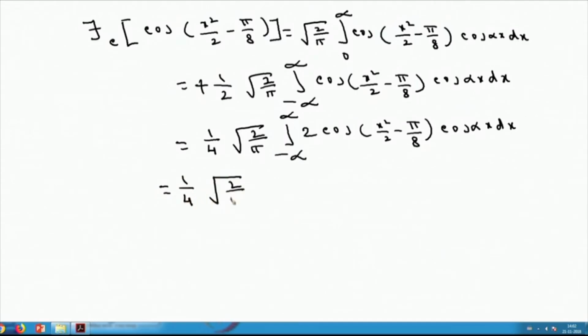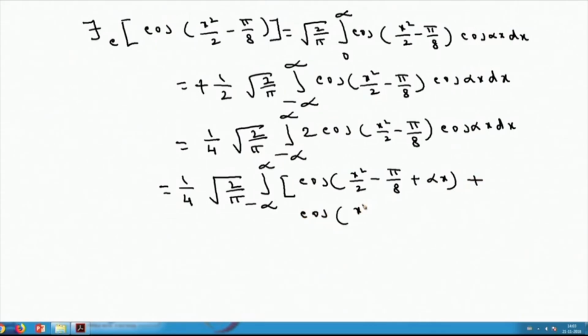So this equals 1 by 4 root over 2 by pi, minus infinity to infinity, using the trigonometric formula, cos of x square by 2 minus pi by 8 plus alpha x, plus cos of x square by 2 minus pi by 8 minus alpha x, into dx.